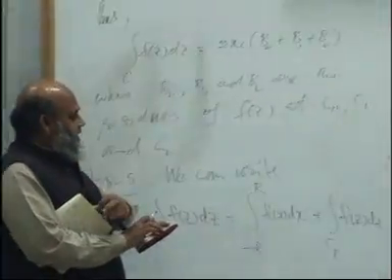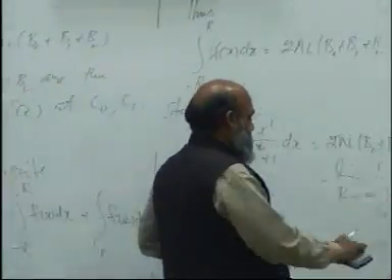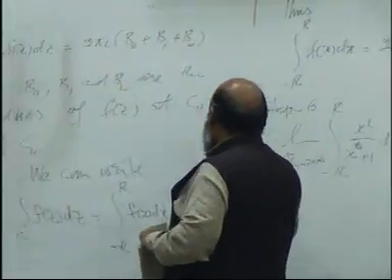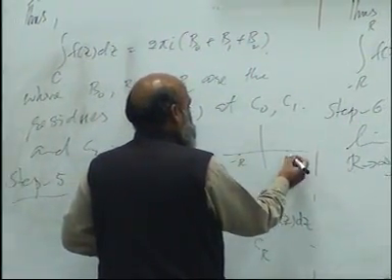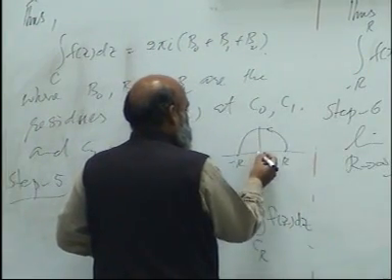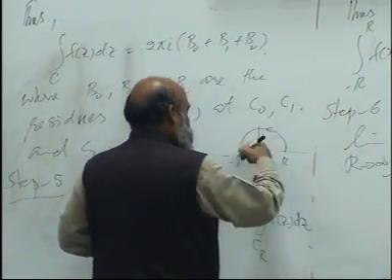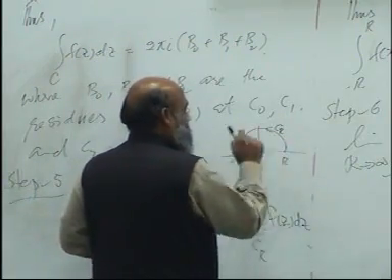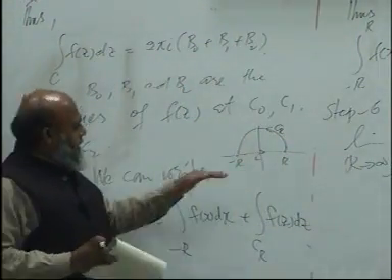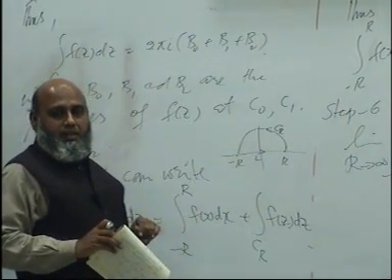Because what is the contour? Look at the contour. The contour is something like this. This is minus r, this is r. This whole closed contour is C1. This contains two parts, L and CR. Okay. Along this line, what is y?